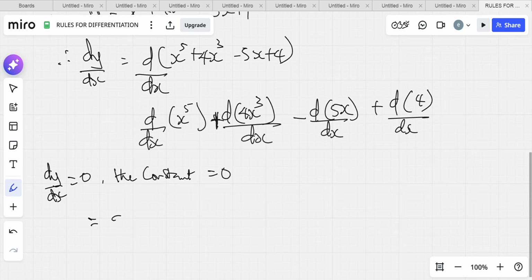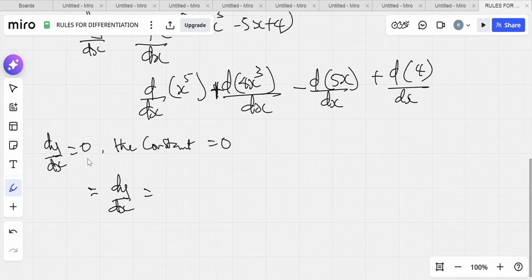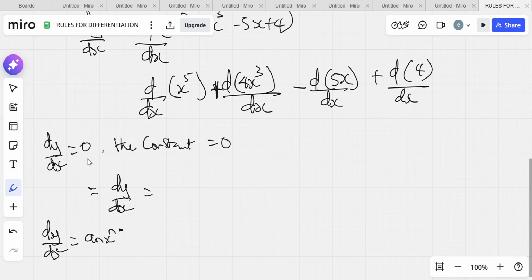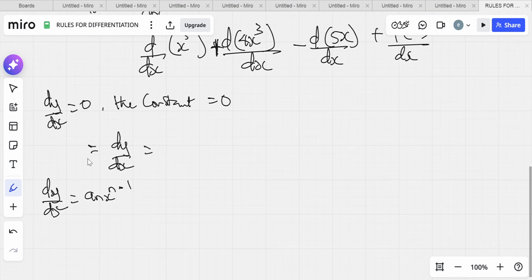So we now have that dy over dx is equal to, we start differentiating. We apply the formula: if y is equal to a x to the power n, then dy over dx is equal to n a x to the power n minus 1, where n multiplies the coefficient and the power is reduced by 1.